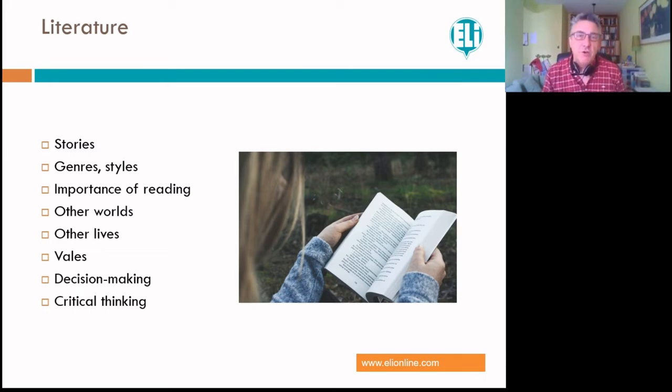In Flash on English, there is always an element of literature to introduce students to the different genres, to poetry, to drama, fiction, different kinds of styles of writing, the different kinds of effects that the language is trying to bring out. It also sends the message to students that literature, that reading, is an important part of not just English learning, but also our lives. To read is not just simply to do a text and follow it by questions and translation work.